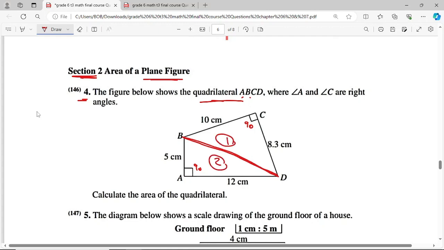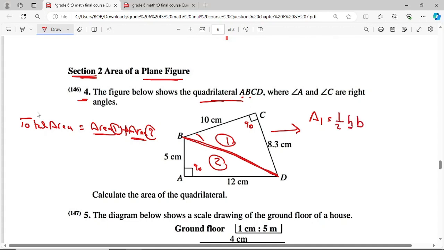So that means the total area is equal to area 1 plus area 2, right? This is the area 1 and area 2. Okay, for the area of this triangle, I have the formula for triangle area. Area 1 will be equal to half h b. H is the height and b is the base.